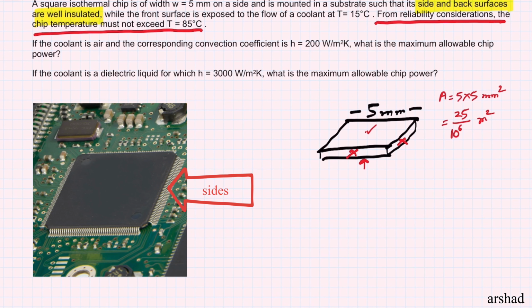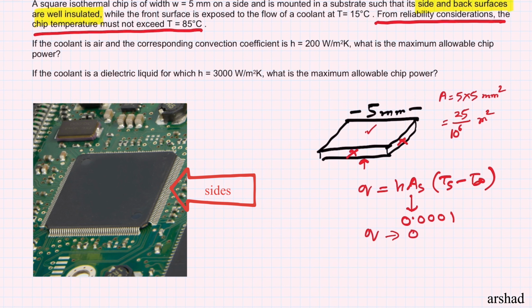If we write Newton's law of cooling, we get Q equals h A_s (T_s minus T infinity), and if A_s is very small, say it's 0.0001, then Q would also be very small. Q would tend to 0.